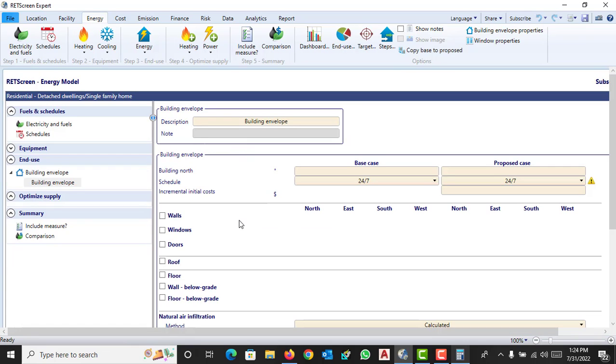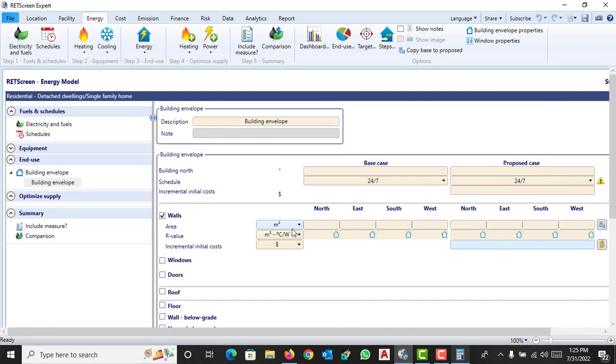Let's see what is building envelope. Building envelope is actually, if your house is located somewhere, say 20 degrees north, and what is the material of the wall? Your wall material is somewhat brickwork, there is no insulation, nothing.